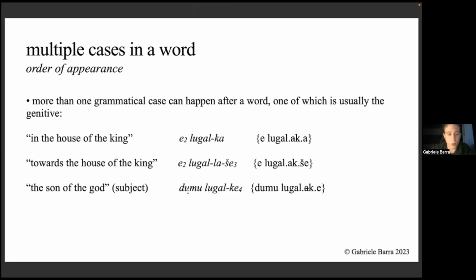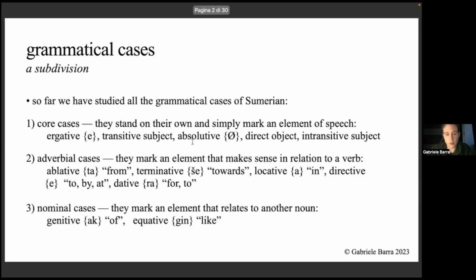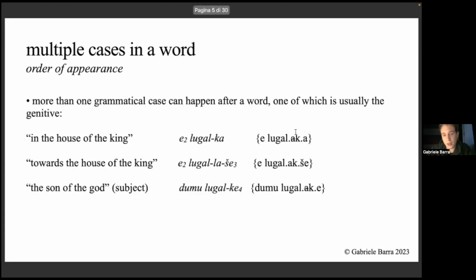Before that, I have some examples. "In the house of the king," as we have said, "house of the king" would be e lugal ak, and then we have the locative, which is, again, a. So e lugal ak means, again, the house of the king.